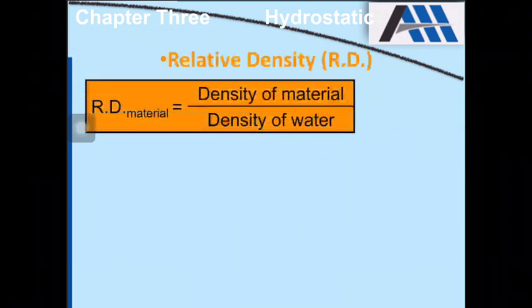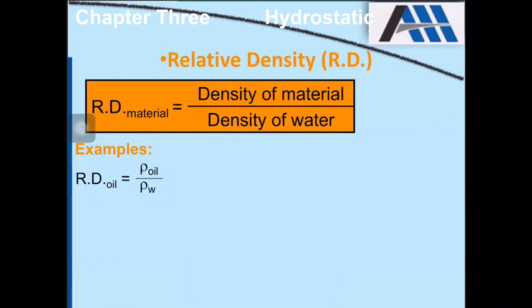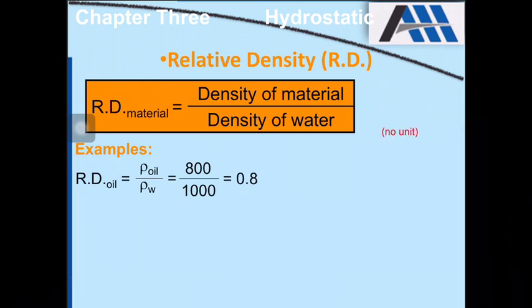About the relative density, we decided to take the density of water as a reference. Therefore, the relative density means that we are comparing the density of the material with respect to that of water. The density of the material divided by the density of water gives the relative density. For example, for oil, rho oil over rho water is 800 over 1000, which equals 0.8.